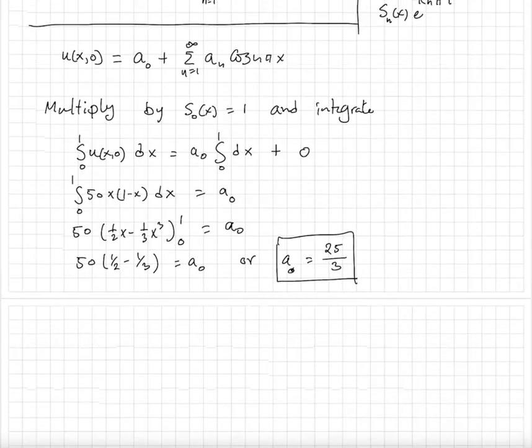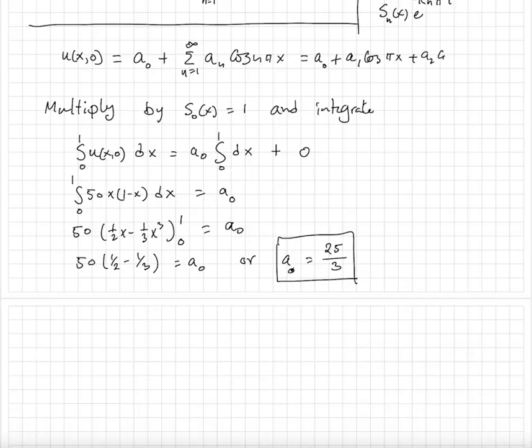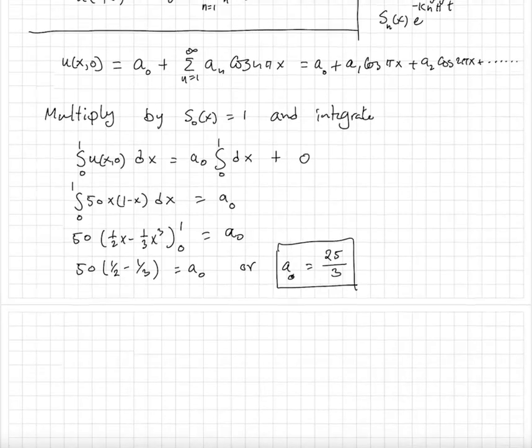Every time you do that, maybe at this stage I can rewrite it, for some of you it will be more clear: a1 cos pi x plus a2 cos 2 pi x plus and so on. We continue there, right? Okay.